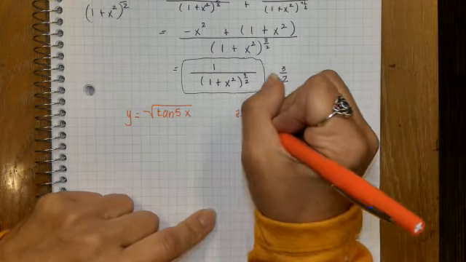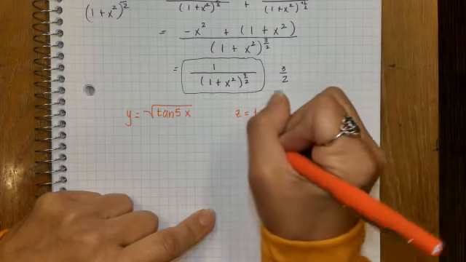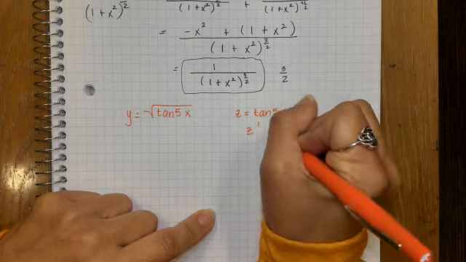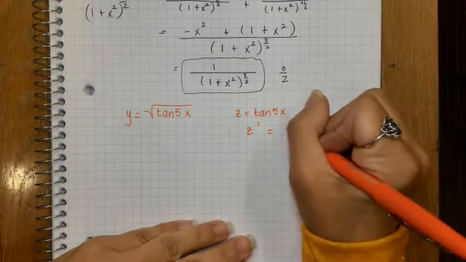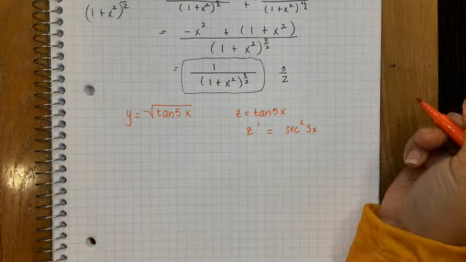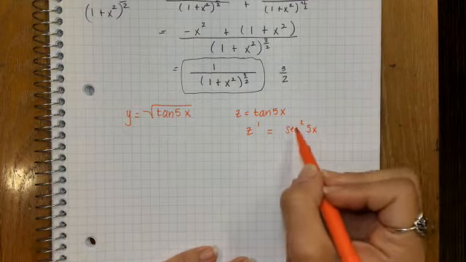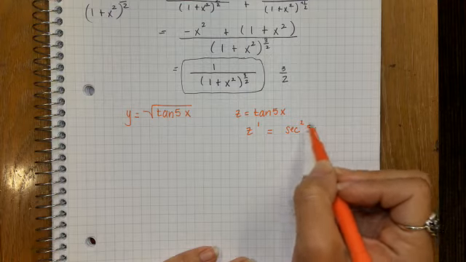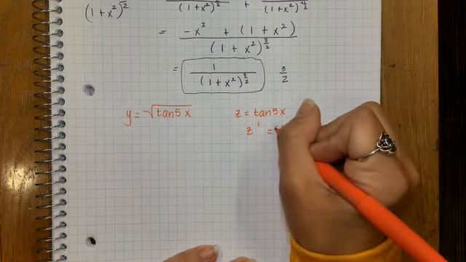Let's just say that z equals the tangent of 5x. So z prime, the derivative of tangent is secant squared. So this is your outside function. The tangent of x is this secant squared x, but now it's not x, it's 5x. So then this gets multiplied by 5.